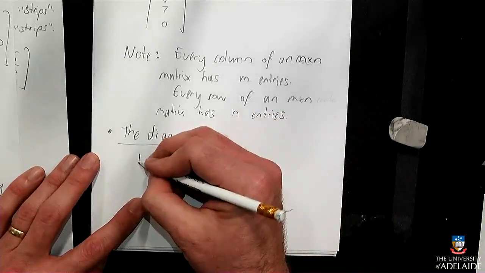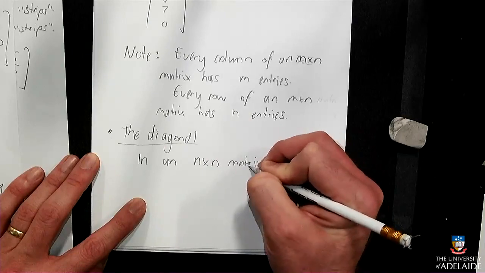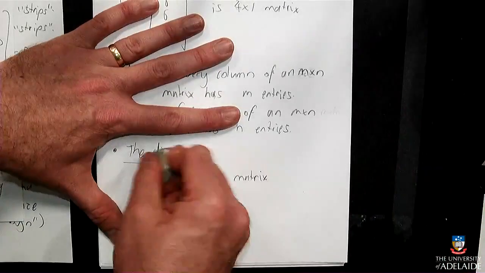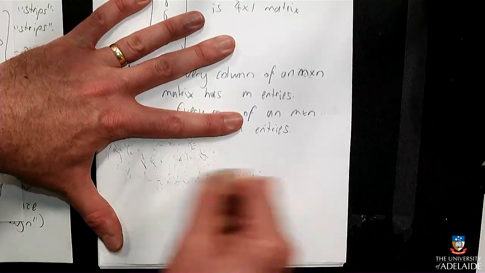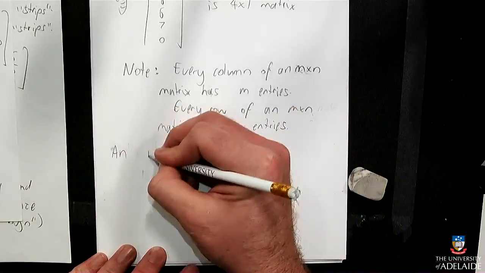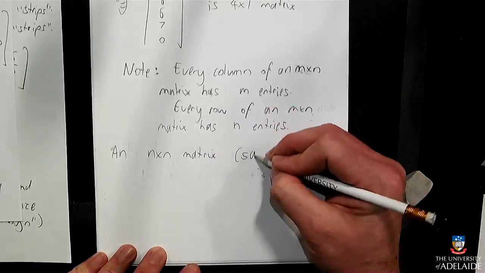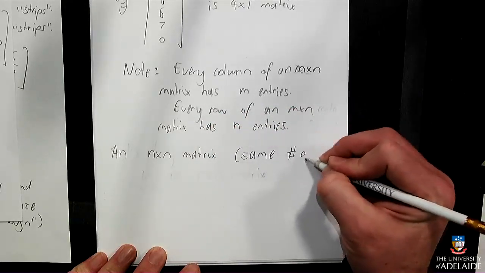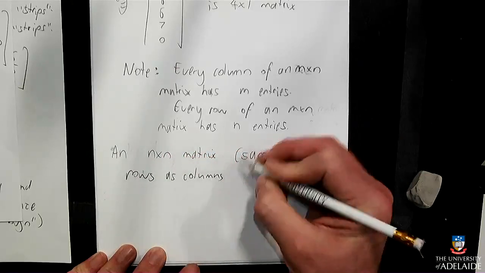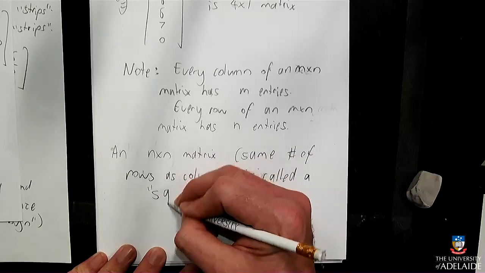So in an n by n matrix, actually before I say that, it's probably worth pointing out, just as a piece of terminology, an n by n matrix with the same number of rows as columns is called a square matrix.